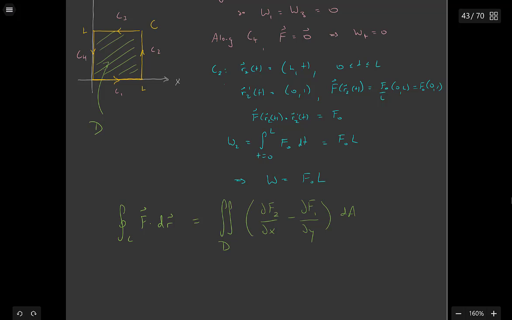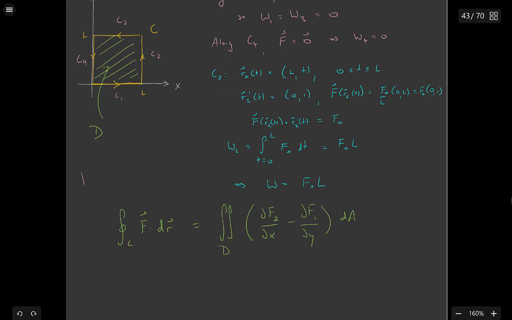integrated over that area. But remember what the vector field was. It was F(x, y) equal to F naught over L times (0, x). This means my F1 component is 0, and the F2 component is F naught x over L. So when I compute the partial derivative of F2 with respect to x, I'm just going to get F naught over L. And F1 is just 0, so that's just going to give me 0.